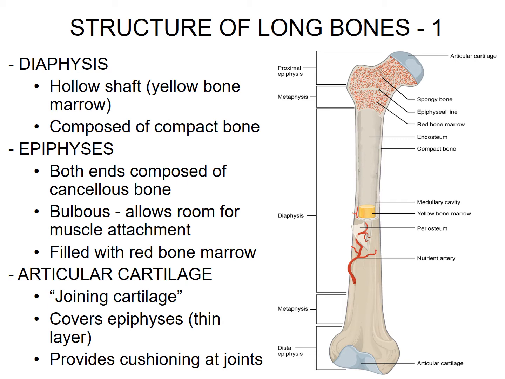So let's talk about this first term on your slide, the diaphysis. What the diaphysis is simply the long, skinny part of your long bones. So we're going to start with the anatomy of the long bones because they have 1 or 2 more parts compared to the other bones. And also, a good amount of your bones in your body are long bones.